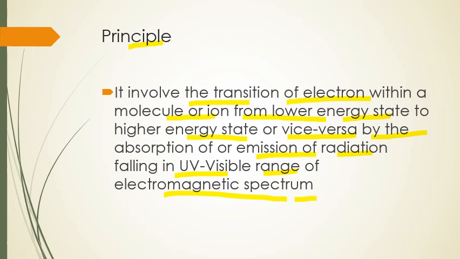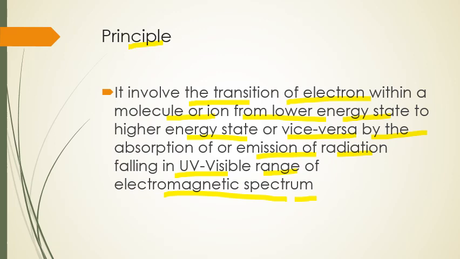And these are high energy radiations. When given to the molecule, the electronic transitions occur, and by the absorption of this range of radiation, or by the emission of this radiation, we can go for studying the emission spectra. So that's the meaning of the vice versa.